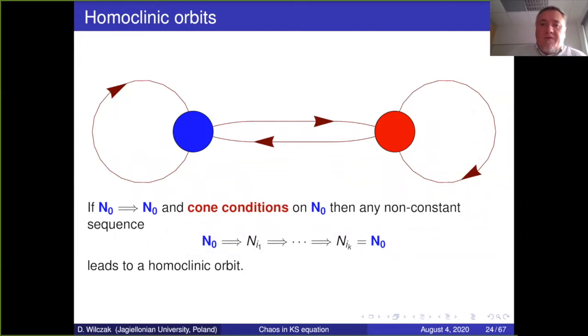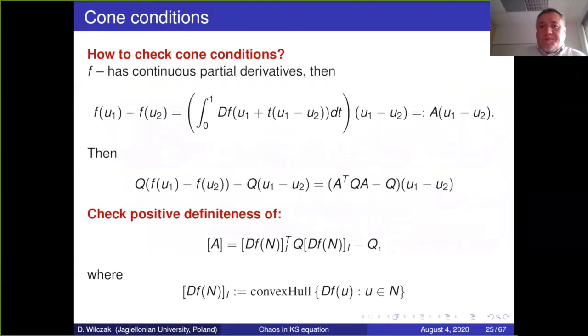So how can we validate the conditions? We have to compute the difference F of u1 minus F of u2, and using the integral form, we have this equality.